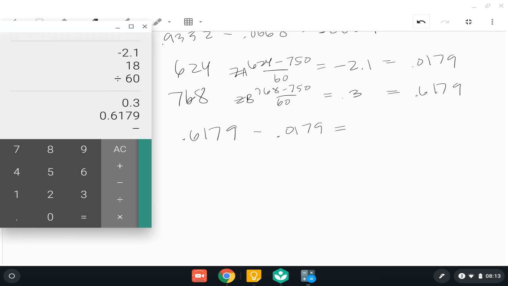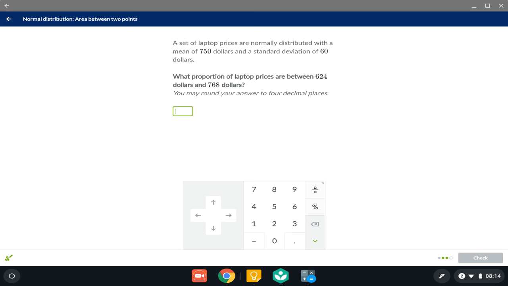That equals 0.6000 if you need some extra decimal points. 0.6.